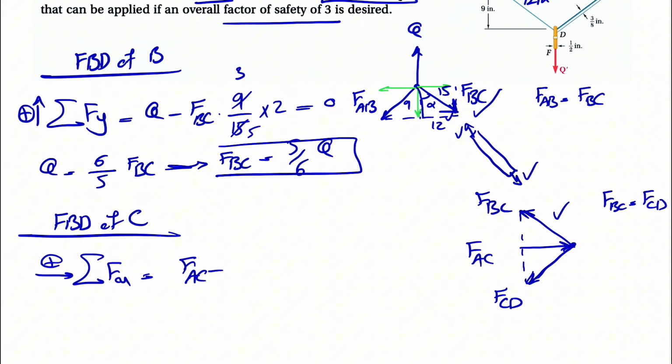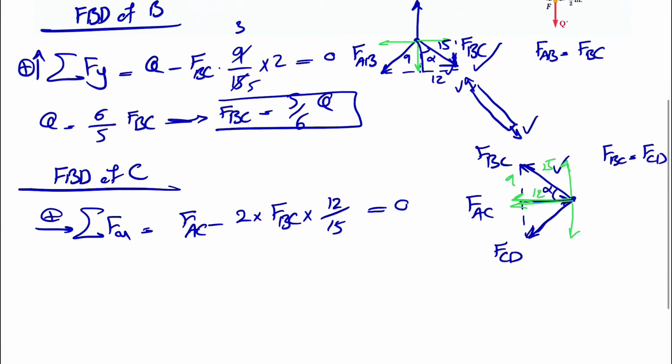again, we're just going to go with one of these, so 2 times FBC, but we are looking for the X component of FBC and FCD. So this will be the Y component, which is not what we're interested in, but this will be the X component. We have the same thing. This side is 9, this is 12, this is 15, but this time we have 12 over 15, or cosine of alpha in here.